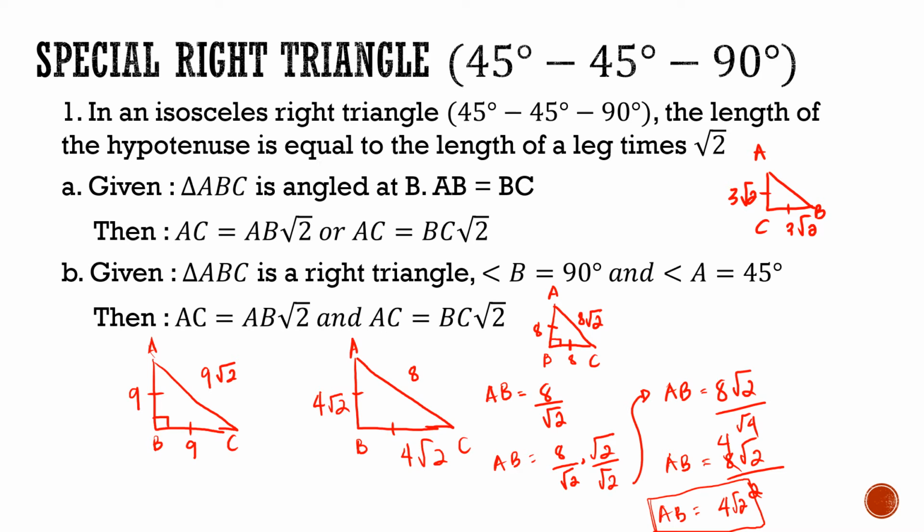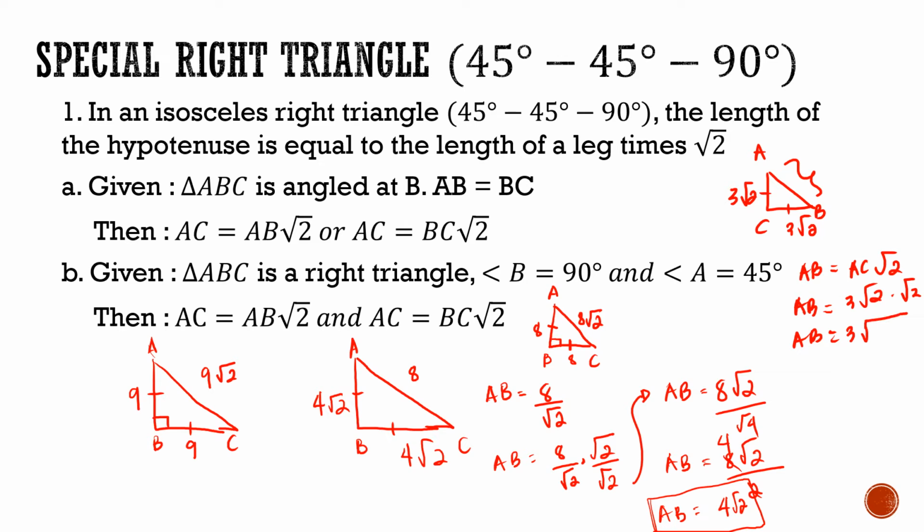To find my AB, I'll simply multiply, let's say, AC times square root of 2. So AB is equal to 3 square root of 2 times square root of 2. We have the numerical coefficient of square root of 2, which is 1, so 3 times 1 is 3.